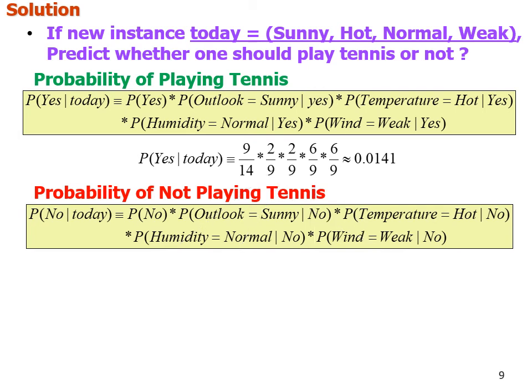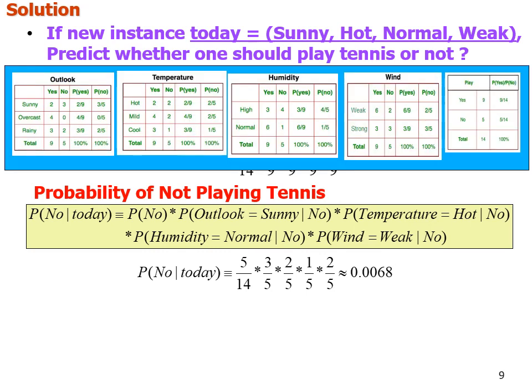Similarly, we can substitute the values to compute probability of not playing tennis. So, probability of no given today is equal to, by substituting the values, 5 divided by 14, that is the probability of no, into 3 divided by 5 into 2 divided by 5 into 1 divided by 5 into 2 divided by 5.